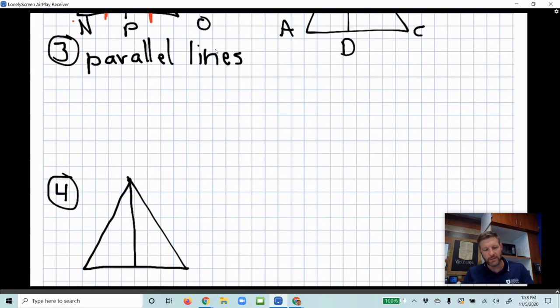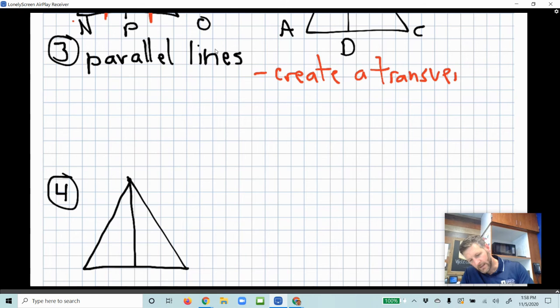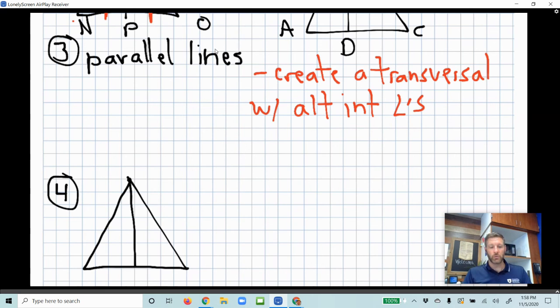This other clue we've already talked about in class: parallel lines. They're a clue because they create a transversal, and not only that, but a transversal with typically alternate interior angles, because those are congruent.